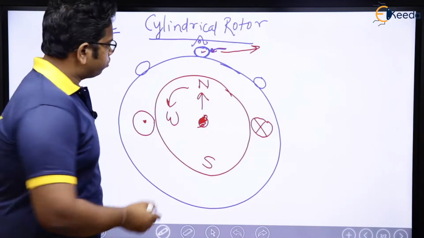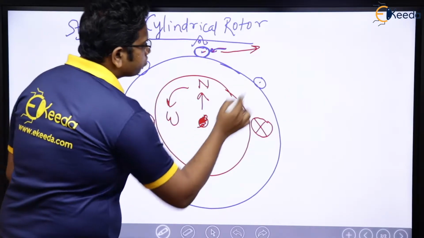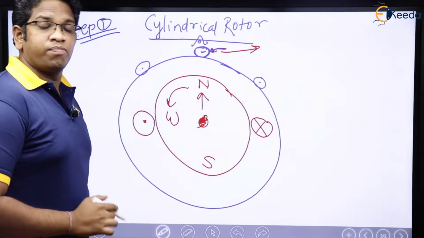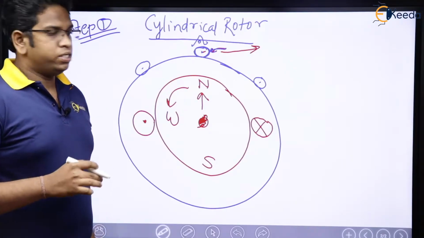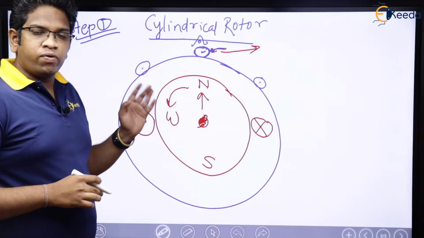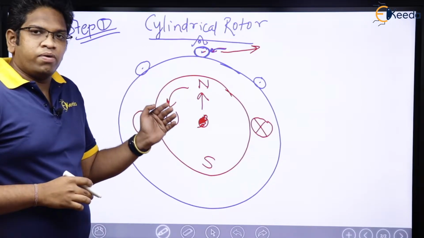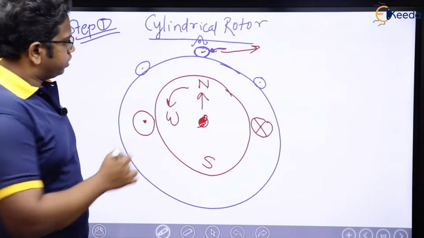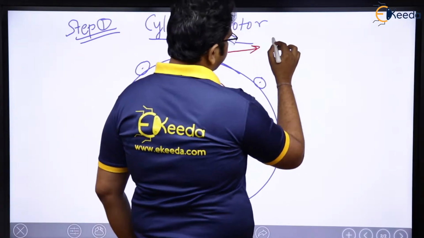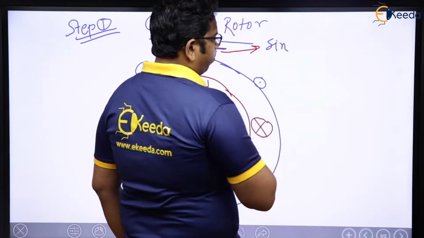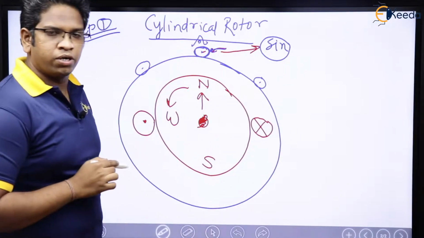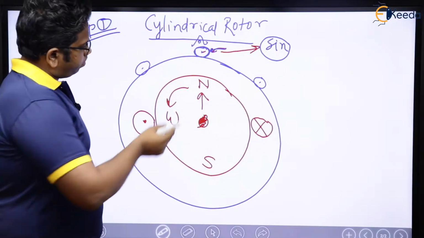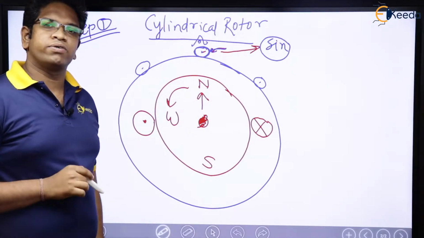Of course, here also there will be some induced EMF, but what is going to be the value? Value in the sense, how will be the waveform of my induced EMF with respect to time? We know that it has to be sinusoidal, but in order to make it sinusoidal, what has to be done? My flux density which is there, it has to be sinusoidal.